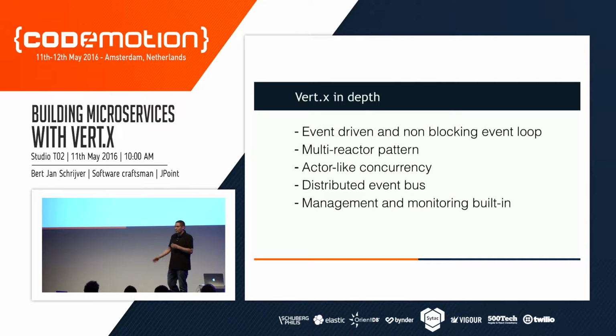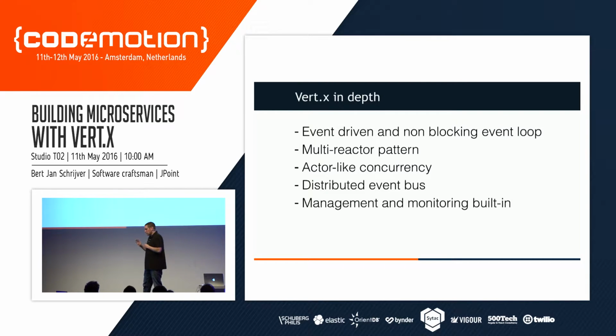Has anyone of you worked with actors, like with Akka before? The cool thing is that Vert.x will make sure that every handler is always only accessed by one event loop at a time. So you won't have any concurrency on that handler. And usually one handler is only accessed by one and the same event loop.